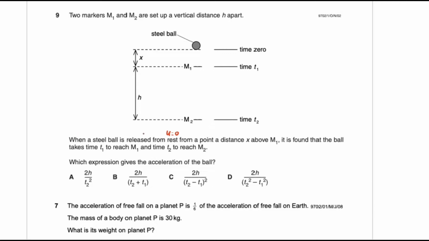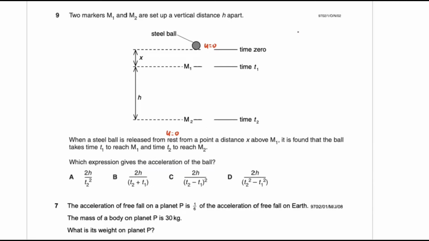When a steel ball is released from rest, so it's here, u equals 0, from a point distance x above M1, it is found that the ball takes time t1 to reach M1, and time t2 to reach M2. Which expression gives the acceleration of the ball?